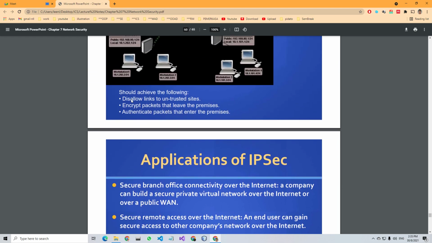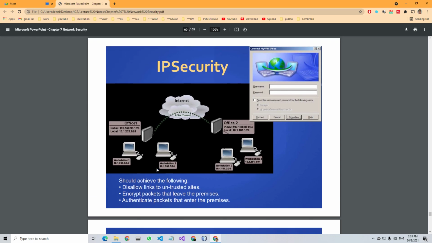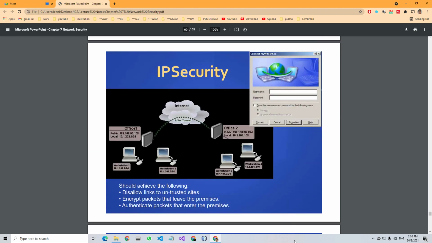IP security should achieve the following: disallow links to untrusted sites, encrypt packets that leave the premises, and authenticate packets that enter the premises. We look at types of application here.